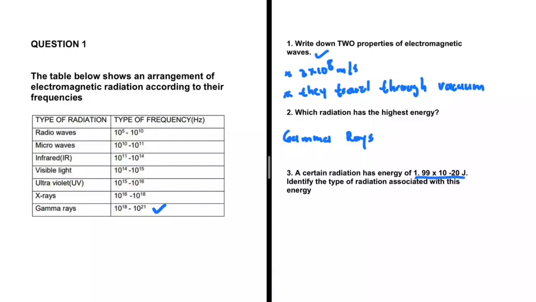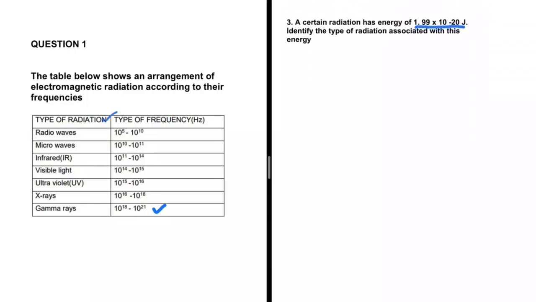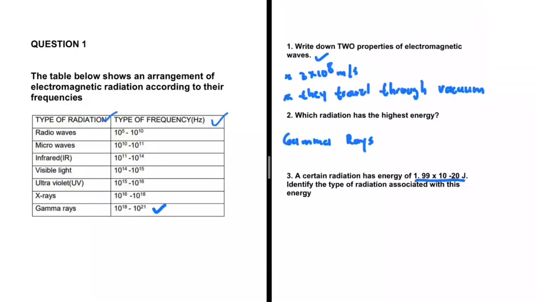We are given a table of type of radiation and frequency. So we will use this energy to calculate the frequency. And after calculating the frequency, it is just a matter of identifying which range it belongs to. What type of radiation is it originating from? So let's go ahead and take a look.